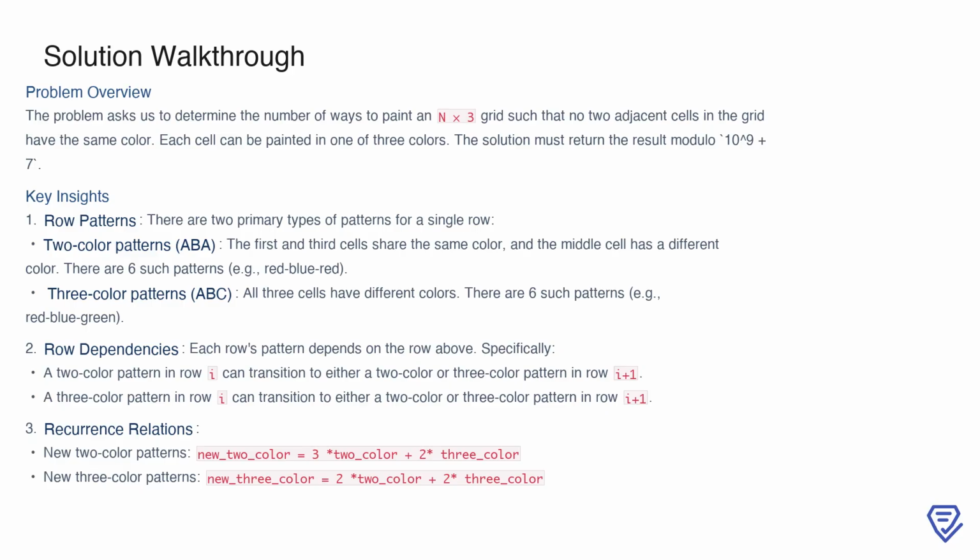Both start with a count of 6 because there are 6 valid combinations for each category when painting just one row. Since n is 1, the total number of patterns is simply the sum of 2_color and 3_color, which gives us 6 plus 6 equals 12. Thus, the final output for this case is 12.